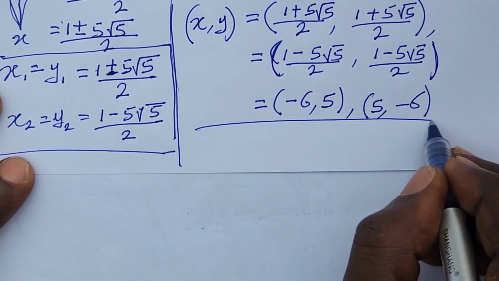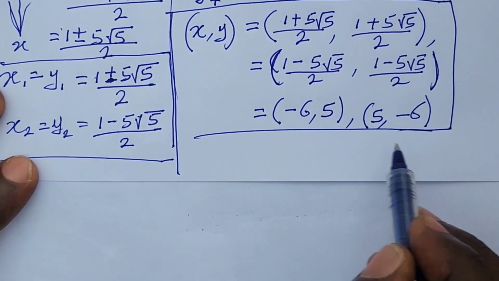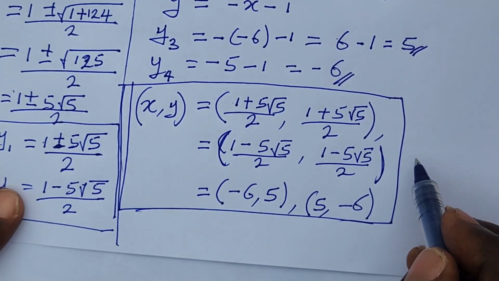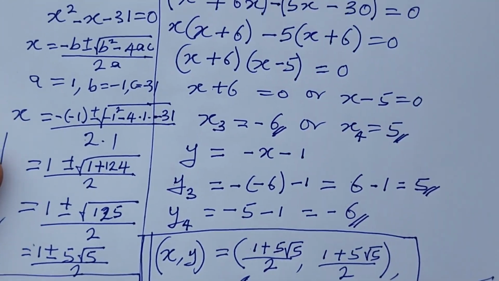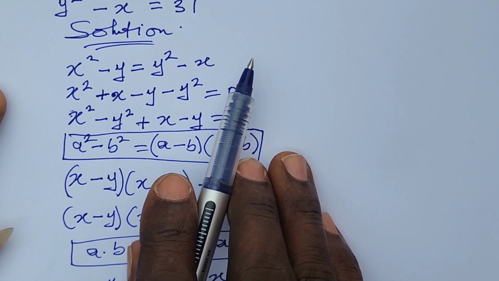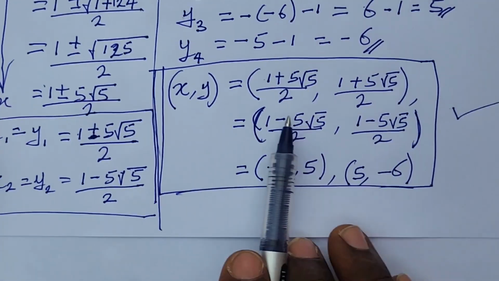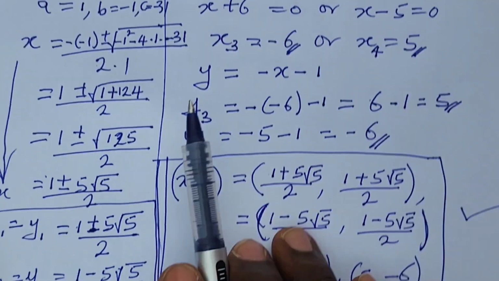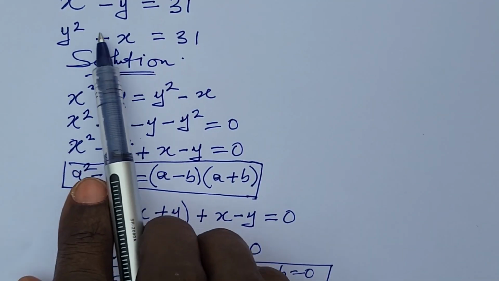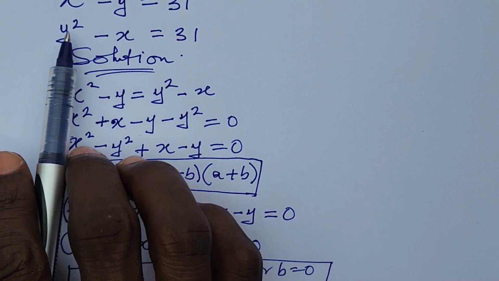All right, so I've gone ahead to put all these values into the expression we have here, and they all satisfy the equation. If you put each of these pairs into the original equation here, then you discover that they all satisfy this system of equations.